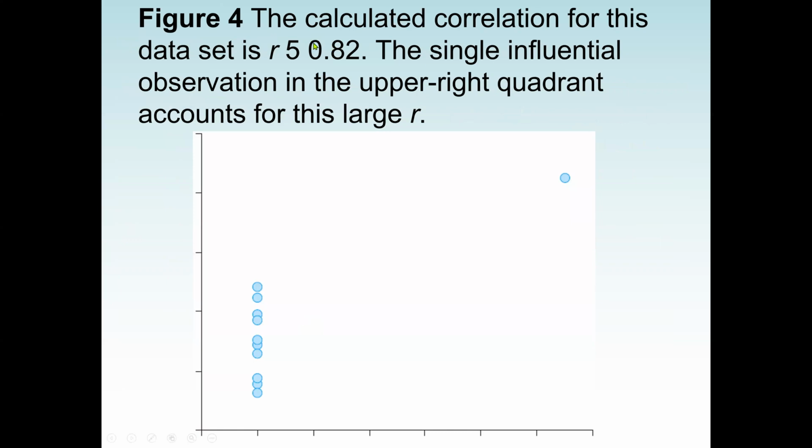Here the calculated correlation for this data set R is 0.82, but the single influential observation in the upper right quadrant accounts for this large R. If we have only this, we can see it's like a constant relationship. But because of this one point alone, it changes to an increasing relationship. But this is not an increasing relationship, it's constant.